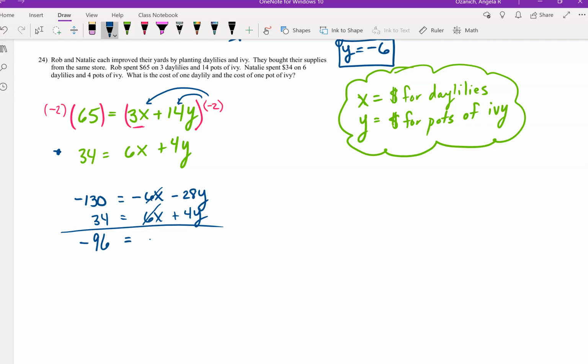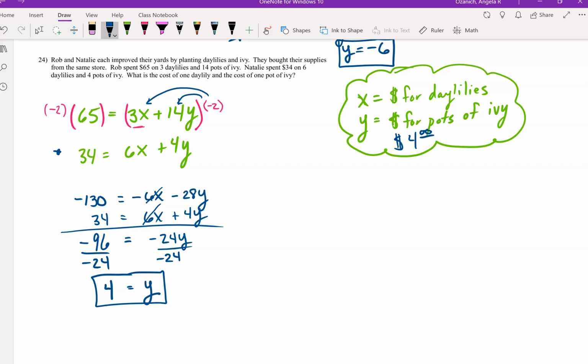Perfect, we wanted that to happen. -24y, and as you divide by a -24, I think that's going to be 4. You guys can double check my mental math on that if you would like, but it looks like a positive 4 would be equal to y. So that means that over here, our pots of ivy are probably going to cost $4 a piece, right? So now we know what y is equal to.